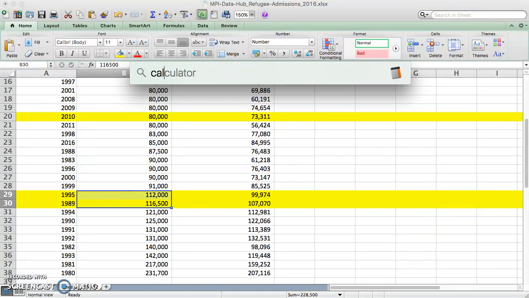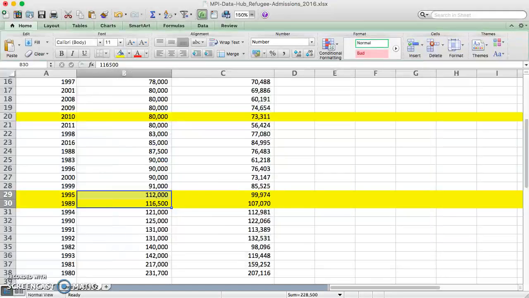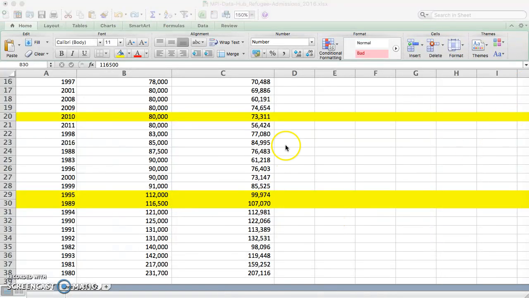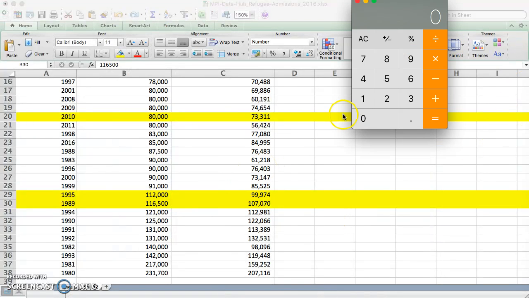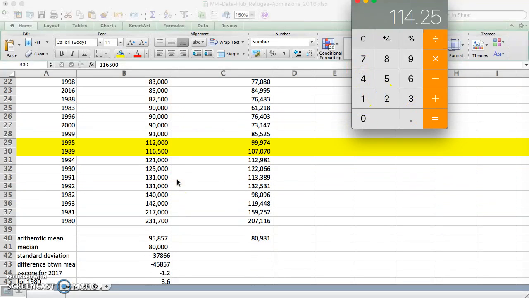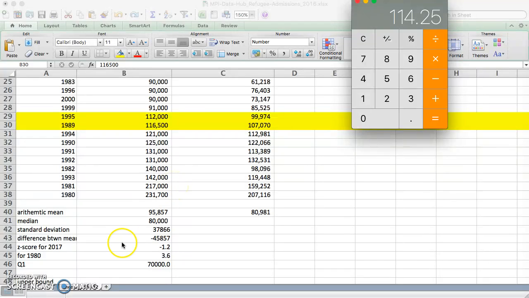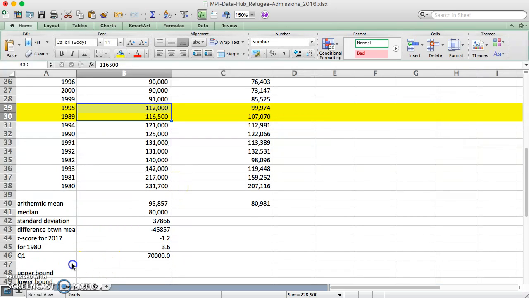I will just use the calculator to make this fast. Check my math, never know. So I have 112 plus 116.5 divided by 2, okay, is 114.25. So 114,250 is going to be Q3.